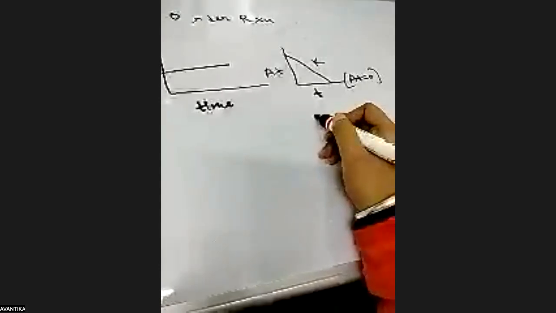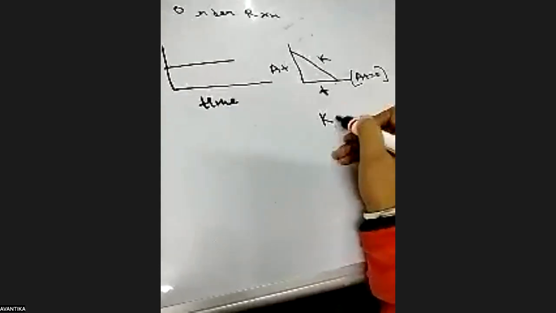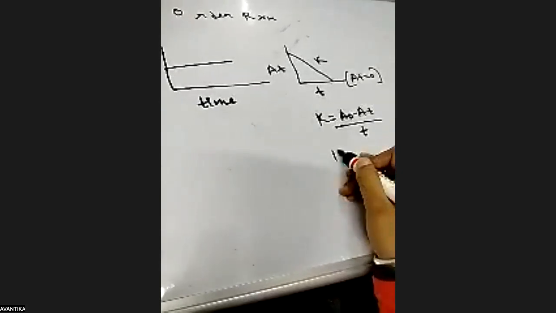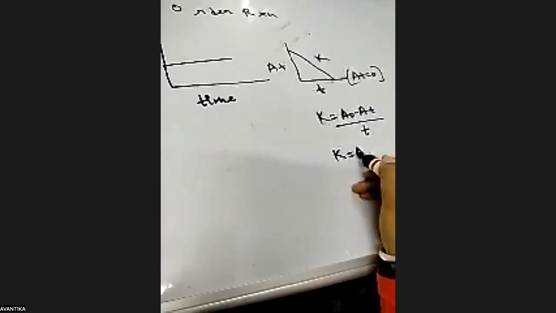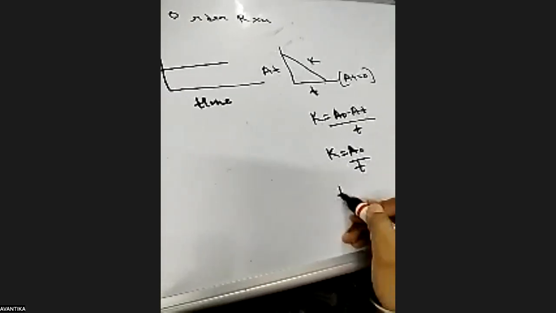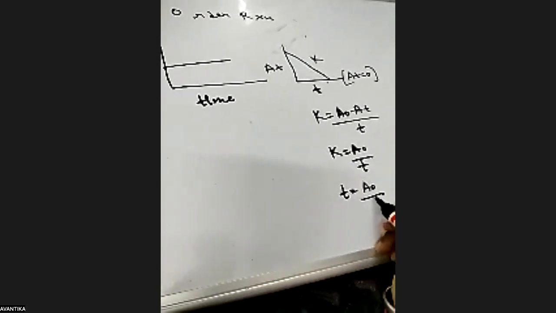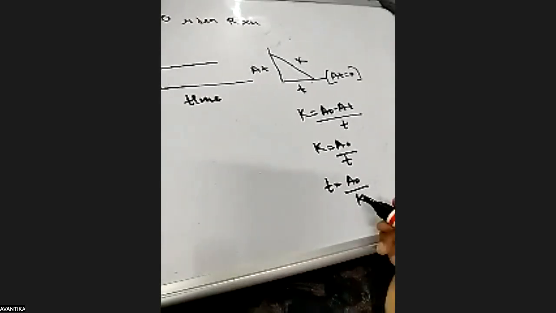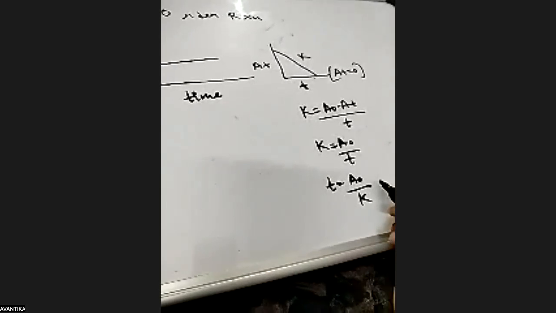So when we put the value of at as 0 in the expression k is equal to a naught minus at upon t, we get k is equal to a naught by t, and t is equal to a naught by k. This is the time of completion. So the zero order reaction completes in a naught by k time interval.